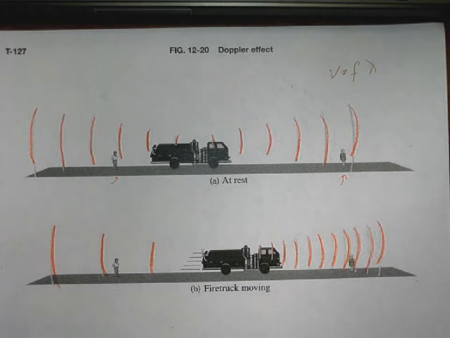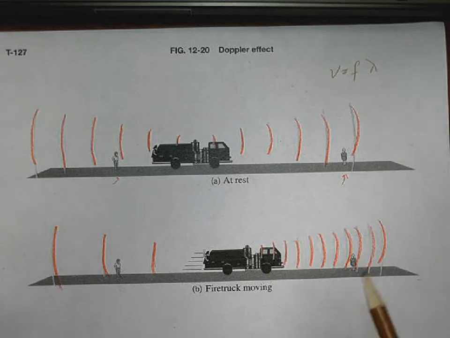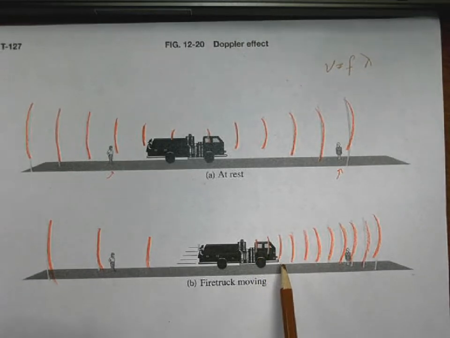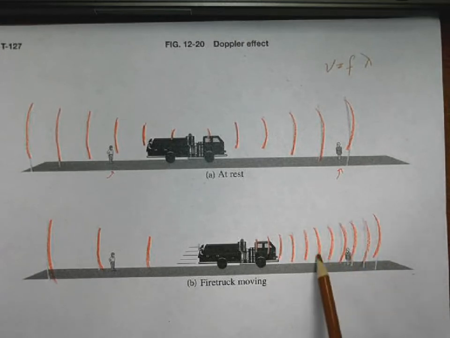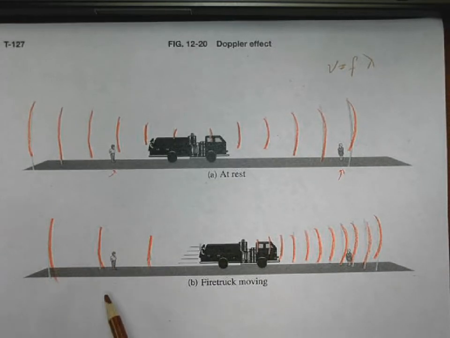If the truck is moving, that means the truck will put out a sound, and then as the sound travels, the truck physically moves closer to the wave it just put out, then puts out another one. So this person here is hearing waves come a lot faster than this person here, to whom those waves are reaching a lot slower.